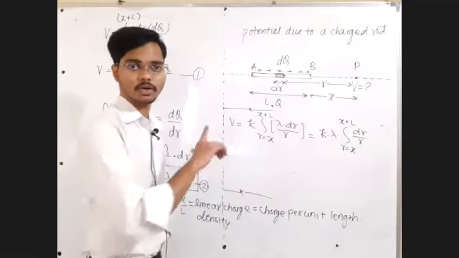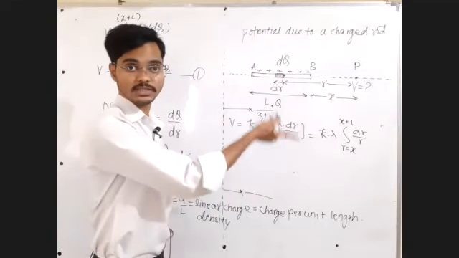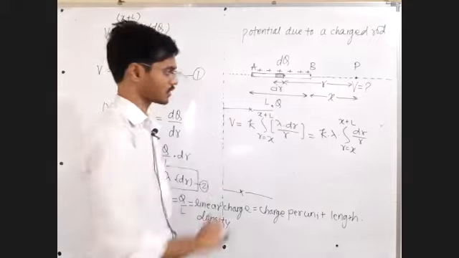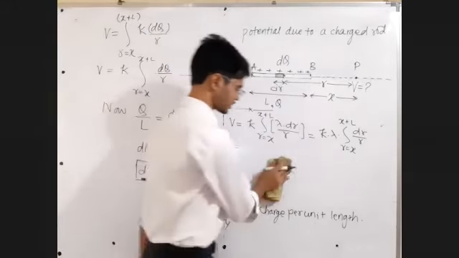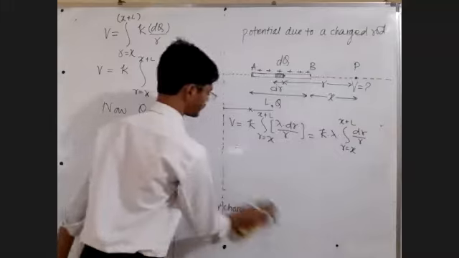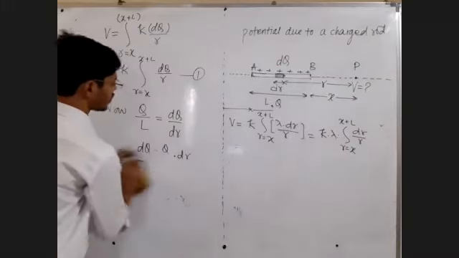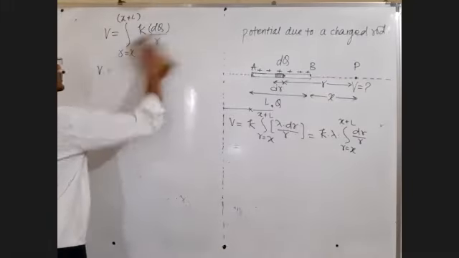Log x. The derivative of log x is 1 upon x. So the integration of 1 upon x is log x. Don't get confused.